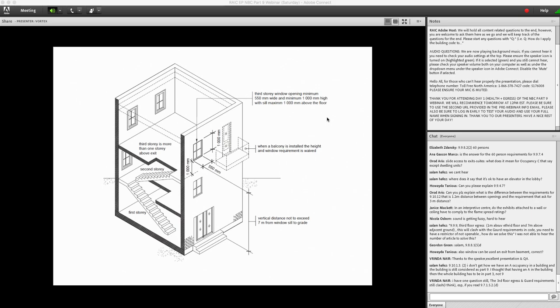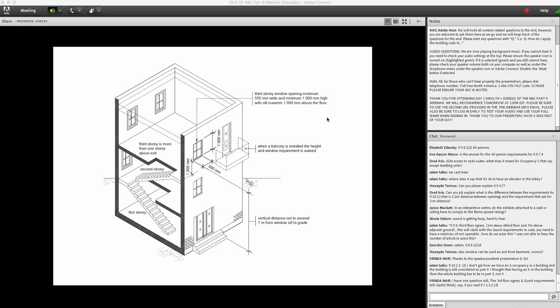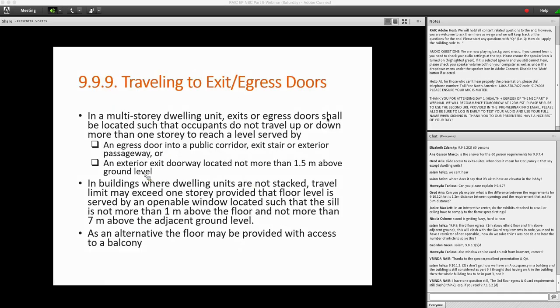Sorry, I'll pause on that for a second. Yeah, so slide page 97. Which one is slide page 97?